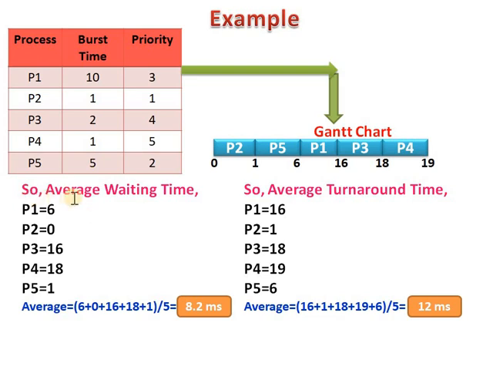Now we are calculating the average waiting time and turnaround time. The waiting time for the process P1 is 6 because process P1 execution starts after 6 milliseconds. So here the waiting time for the process P1 is 6.